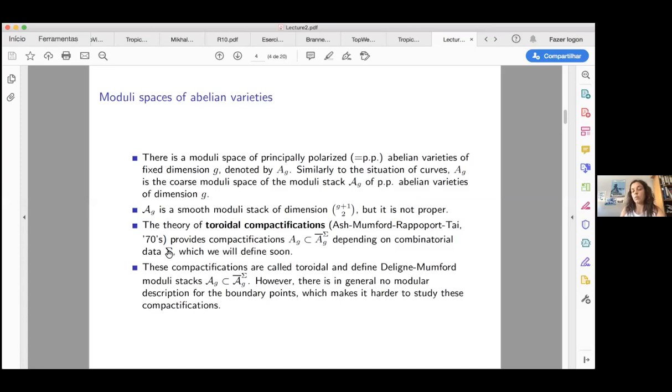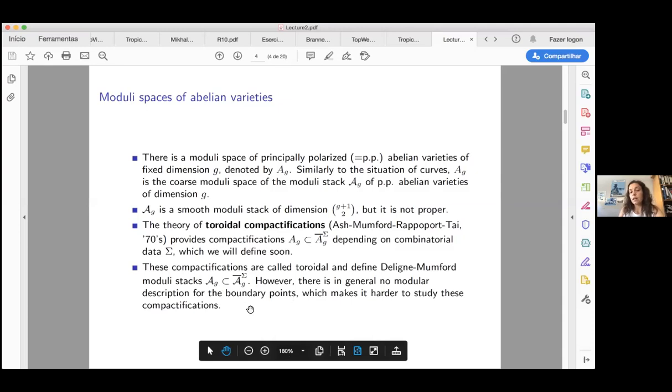There is a compactification for each of these data Σ, which is going to be defined in some minutes. Finally, these compactifications are called toroidal compactifications of A_g, and they define the Mumford moduli stacks, which compactify the moduli stack of abelian varieties.